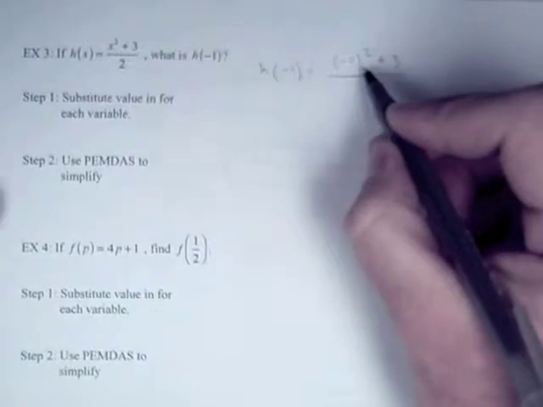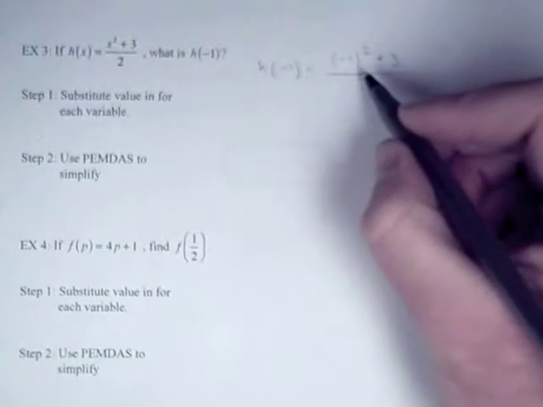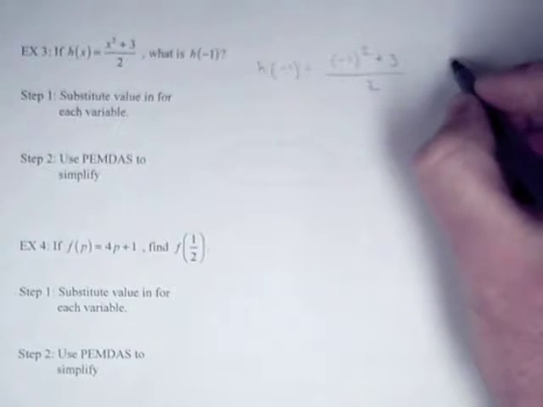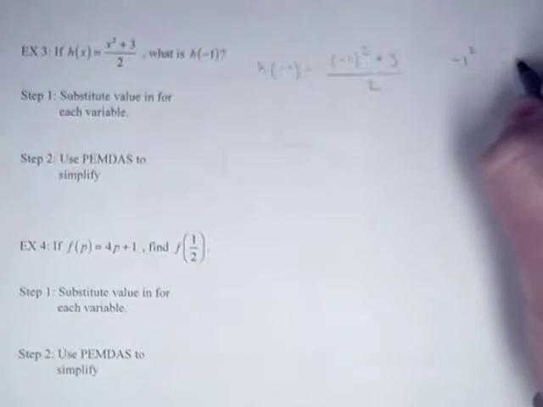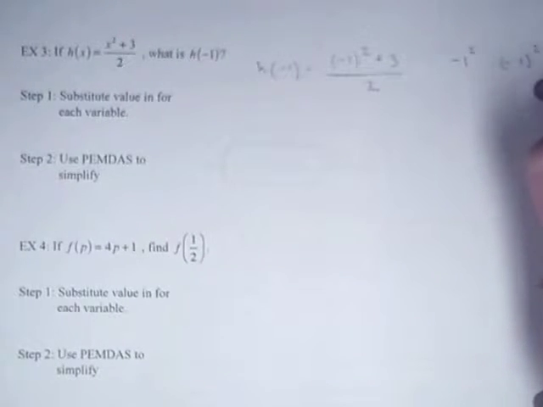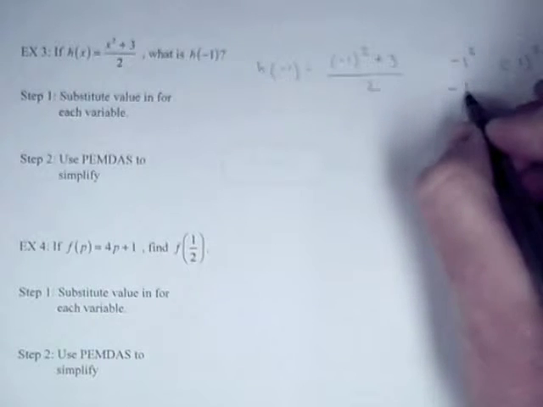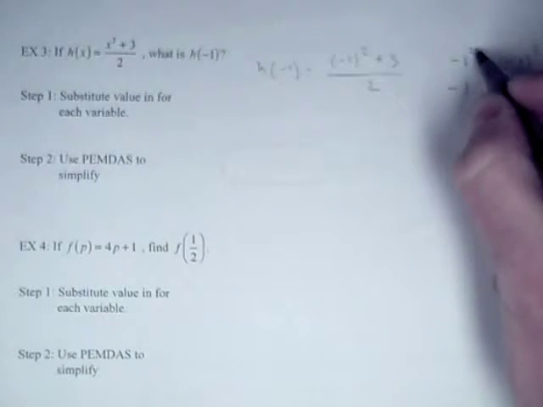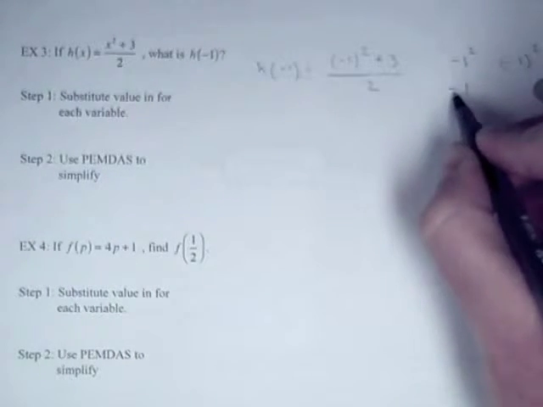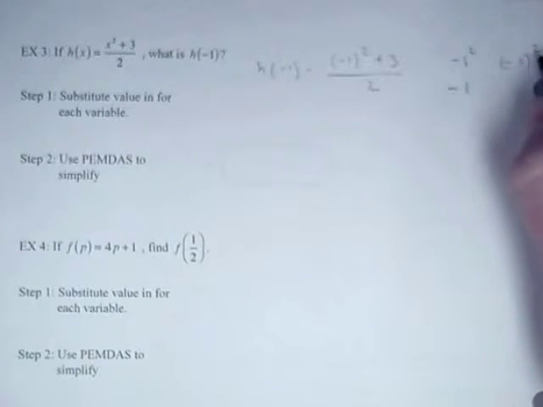It's really important to put those parentheses around the negative 1 because this negative 1 squared and this negative 1 in parentheses squared are different. This means negative 1. So that's 1 squared with a negative sign in front of it. This is negative 1 squared.